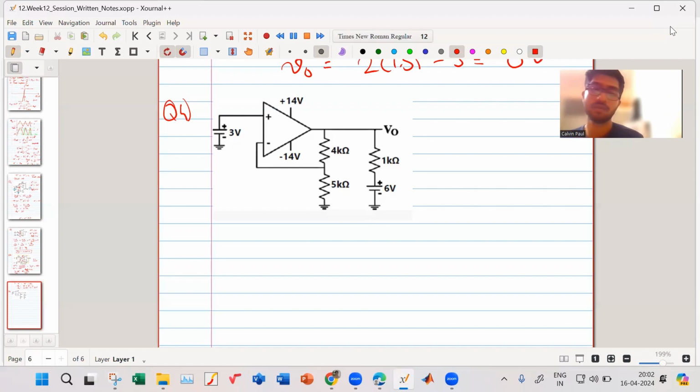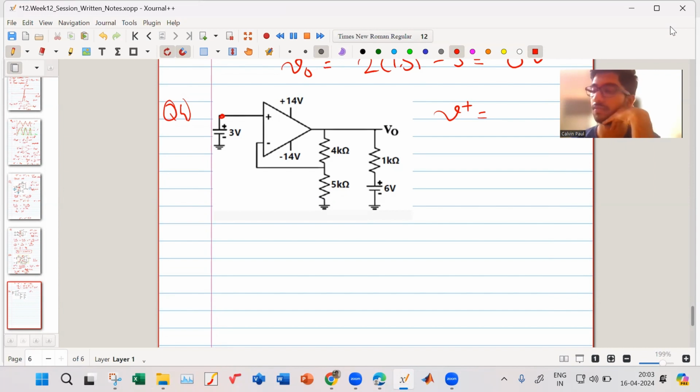We used to find V plus and V minus. So what is your V plus here? The V plus will be 3, right? What is the voltage over here with respect to the ground?